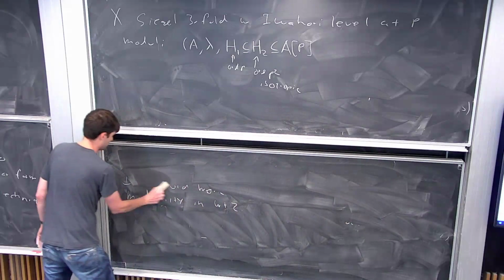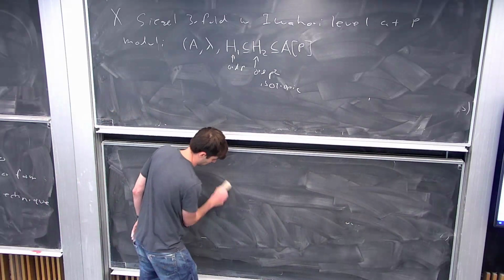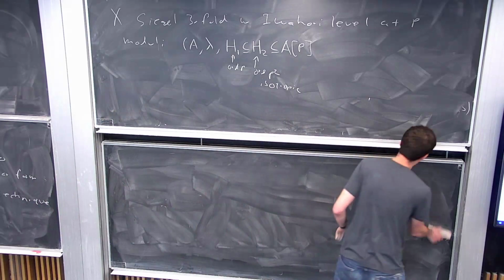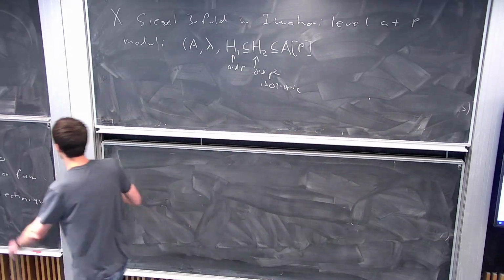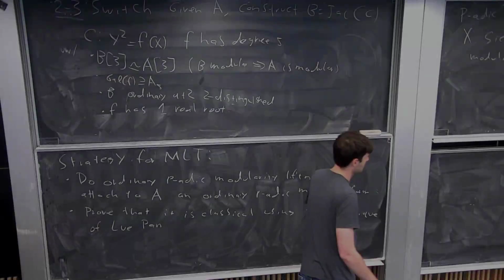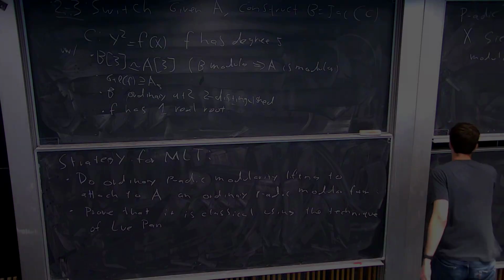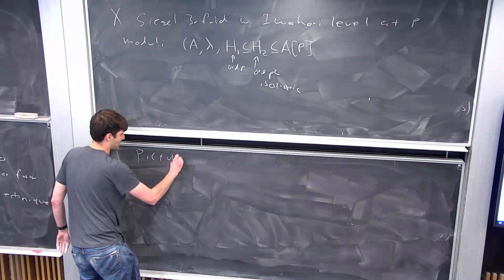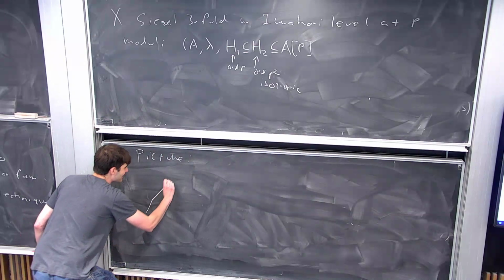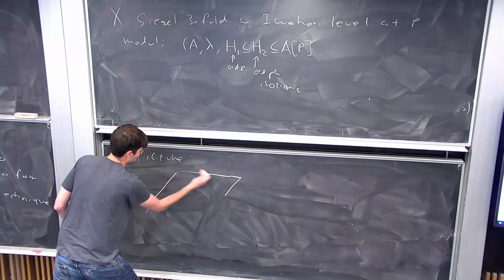So this is a picture of maybe the rigid analytic generic fiber of this space. And everything is actually over Q_p and in the world of analytic geometry. So I like to picture this space as maybe some kind of parallelogram like this. Okay, maybe I should make the picture a bit bigger.